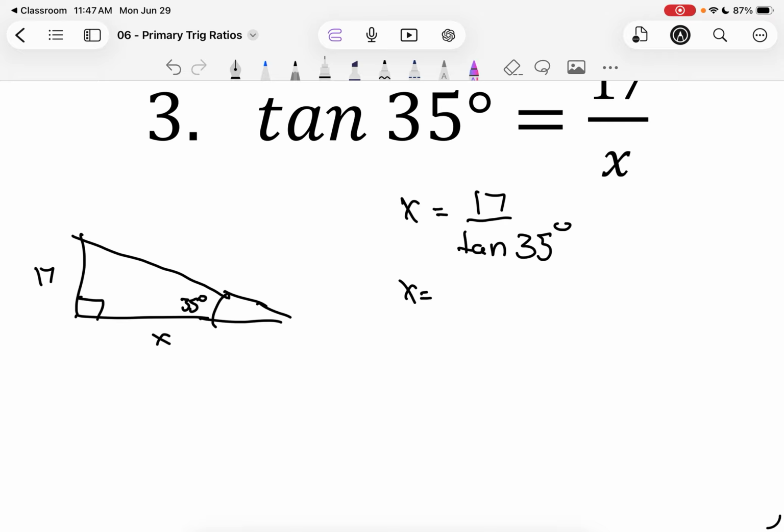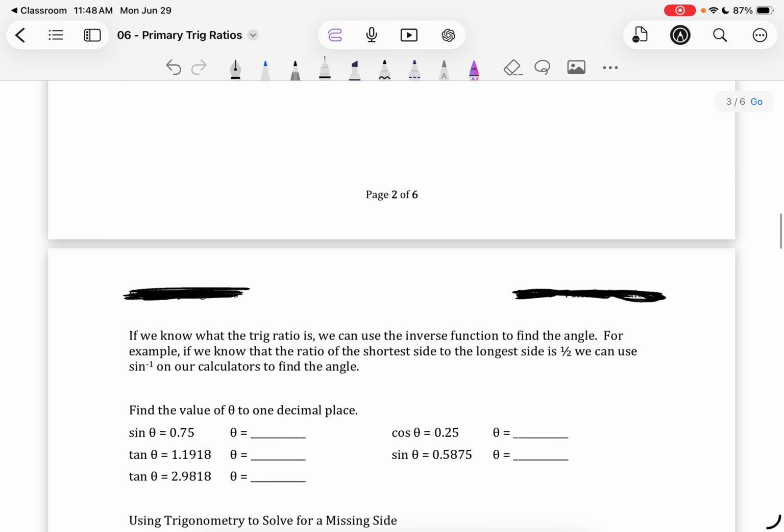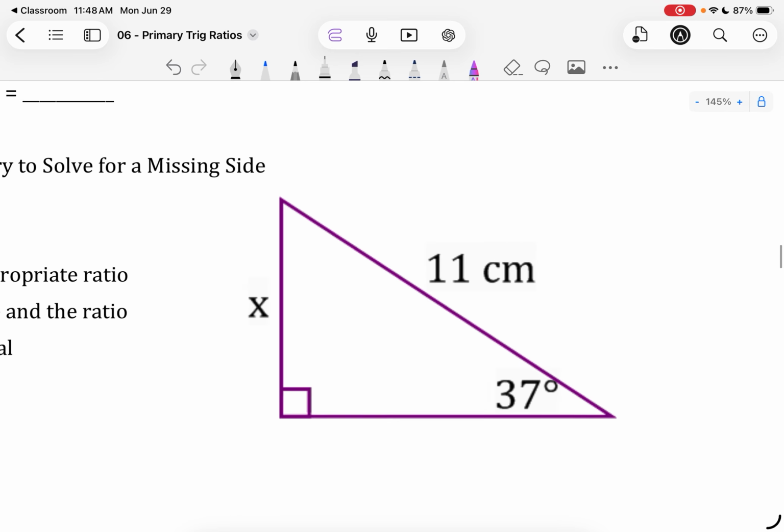X equals 24.28. So that's essentially how you use sine, cos, and tan equations.